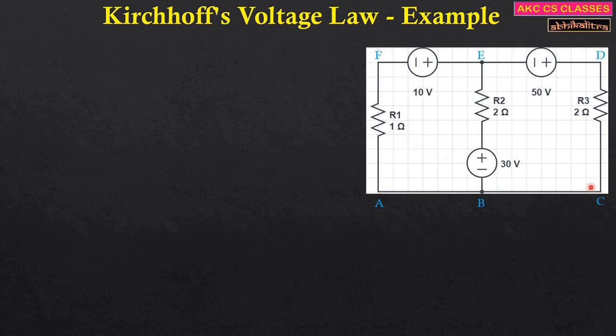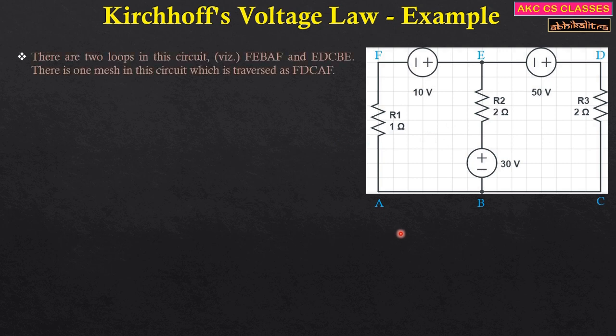So what we'll do is consider each loop one by one, and try to form an equation out of each loop. There are two loops in this circuit that we have already discussed. The first one is FEBAF, and another one is EDCBE.